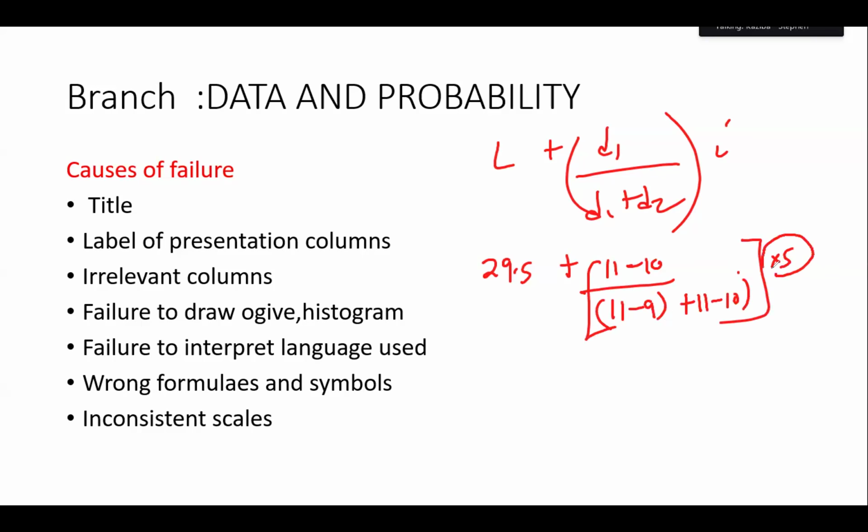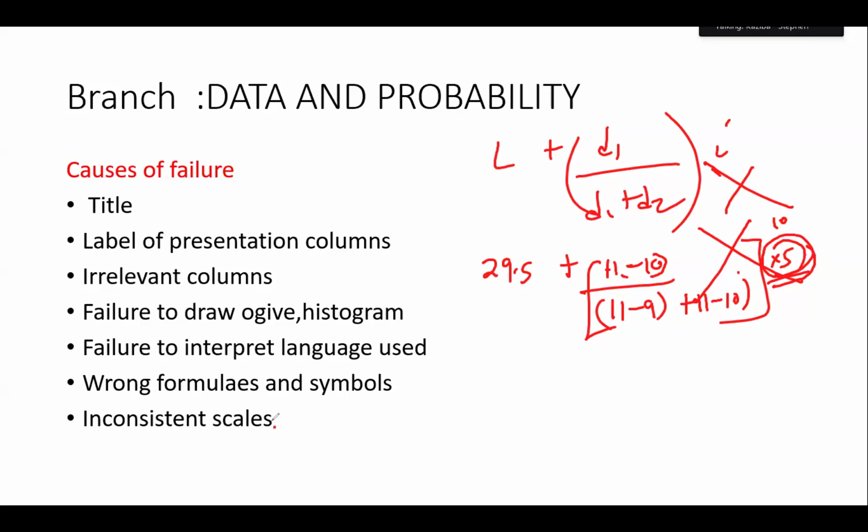And now instead of putting class interval 5, you put 10. Or maybe here, instead of putting 11 minus 10, you put something else. Everything becomes wrong. Because you have substituted in the correct formula, but one of the values you are putting in the formula is wrong. So everything is going to be scored as 0. Because we only score a correct formula, correct substitution with correct values.